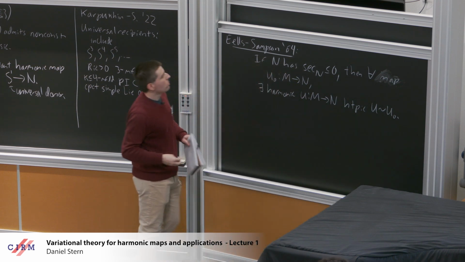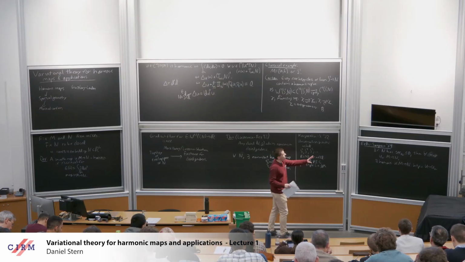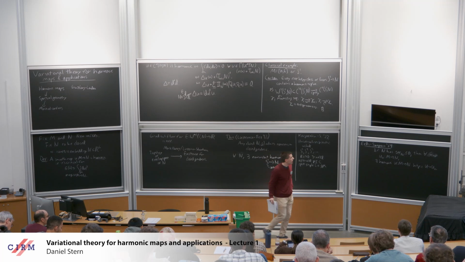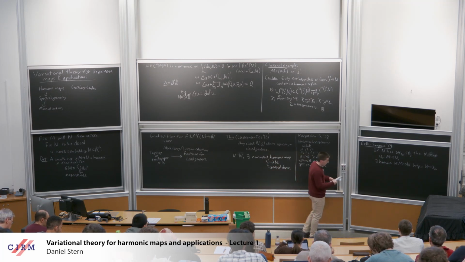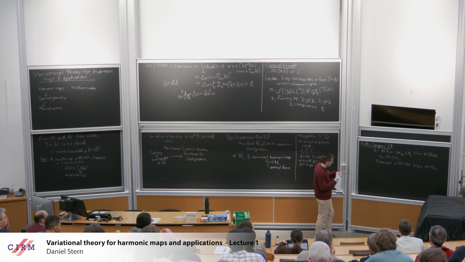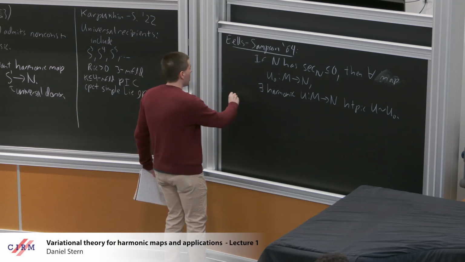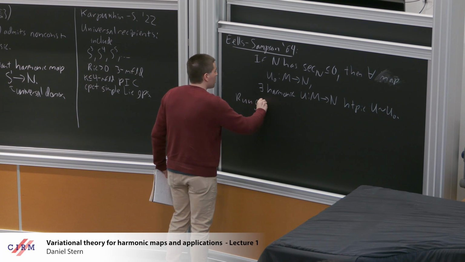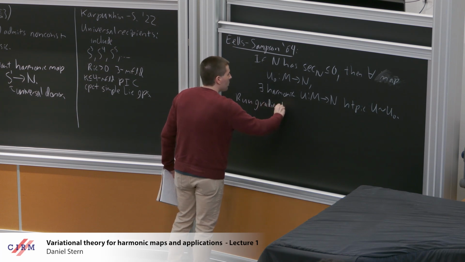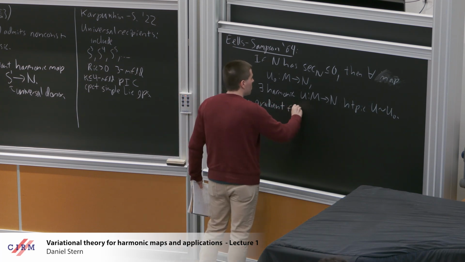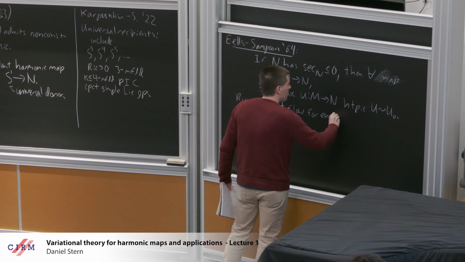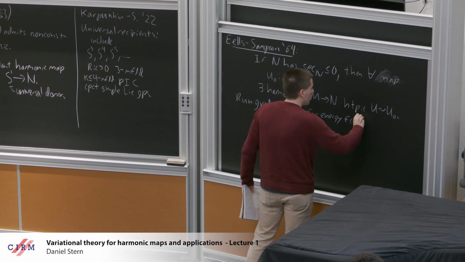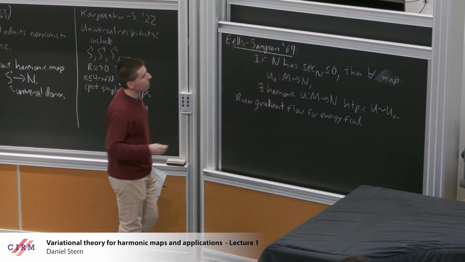Okay, so if you're looking at targets more generally of non-positive sectional curvature, then every homotopy class has a harmonic representative. And the idea was to run the gradient flow for the energy functional. This is something you can write down in every case.